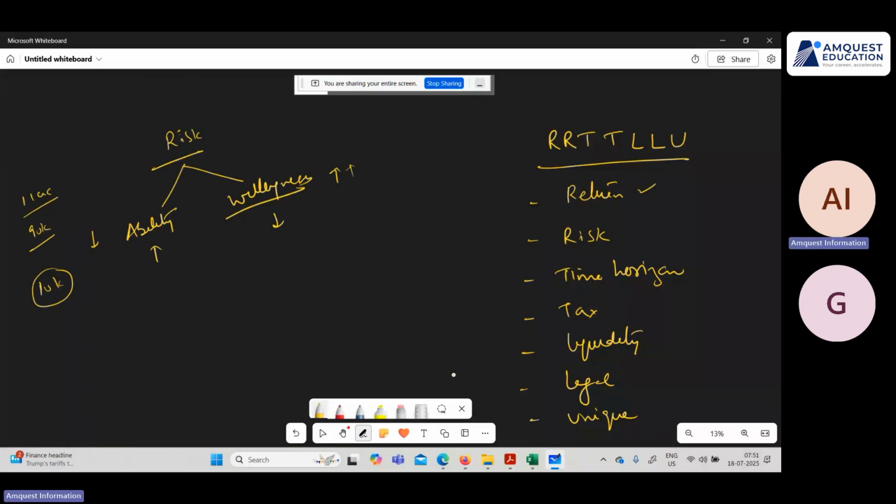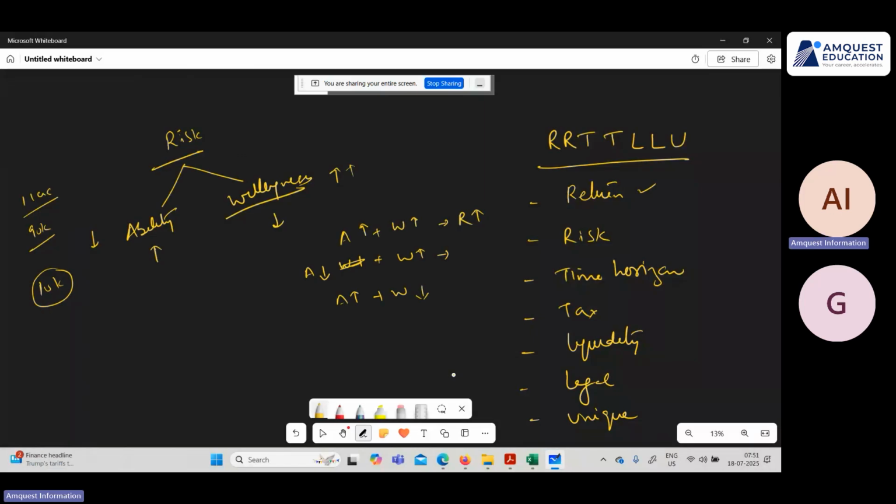right? So I can create a small matrix where if the ability is high and the willingness is high, your risk appetite is high, right? Where your willingness is high but your ability is low, and if your ability is high but your willingness is low.